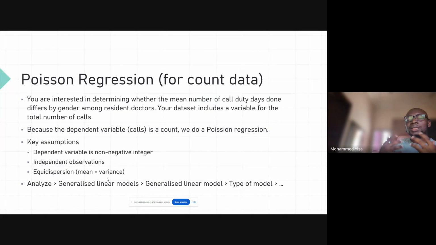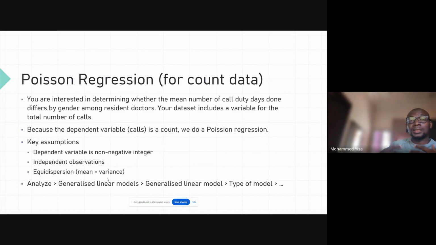So let's say we want to know whether the number of call duties done by resident doctors in this data set differs between males and females. The outcome of interest is the number of calls, which means this is a count variable. And because of that, we're going to do a Poisson regression.